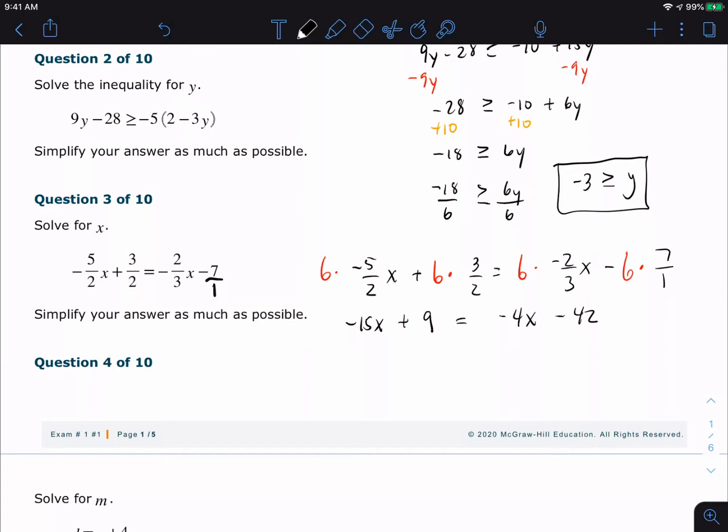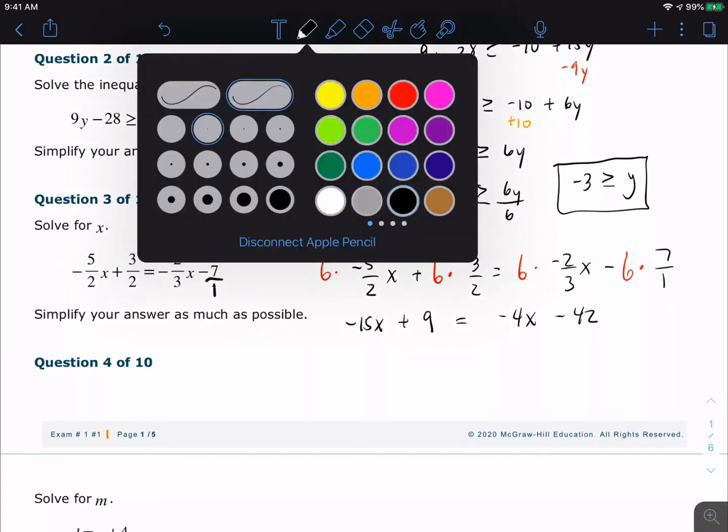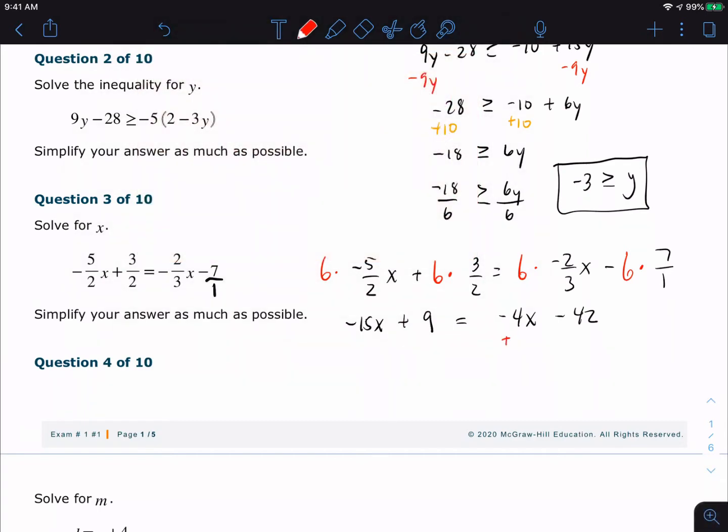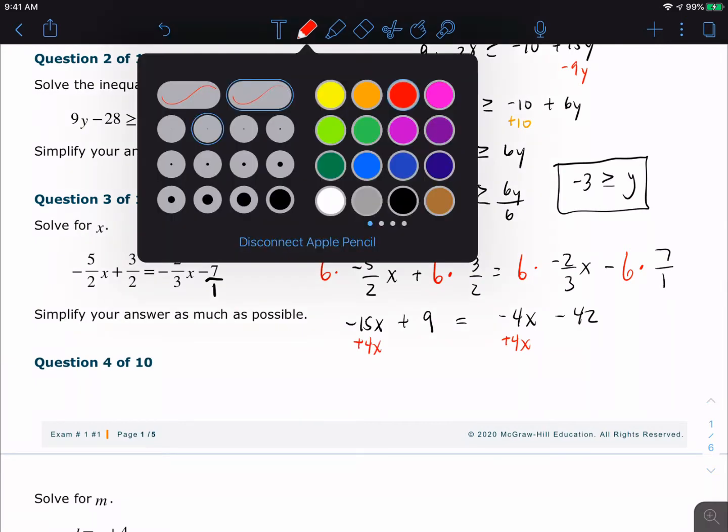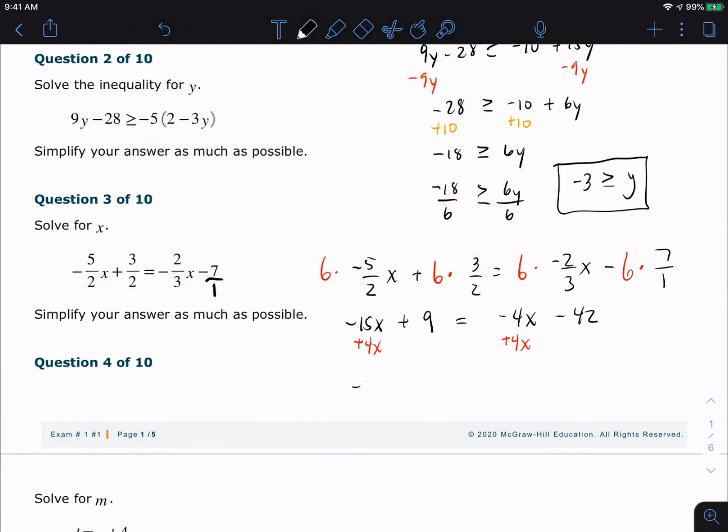So then from here, I have to decide how I want to deal with it. Do I want to deal with positives or do I want to deal with negatives? I'm just going to keep the variable on the left this time. So I'm going to add 4x to both sides. And what's going to happen is I'm going to get a negative 11x plus 9 is equal to a negative 42.